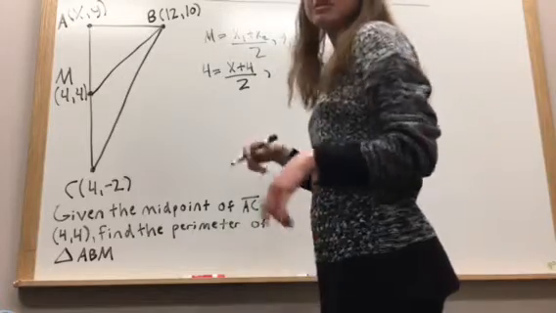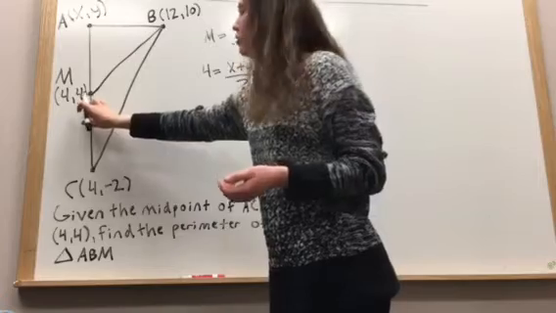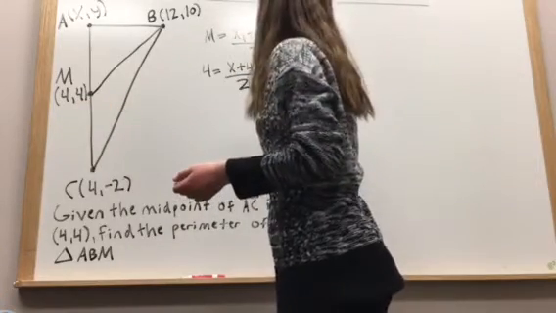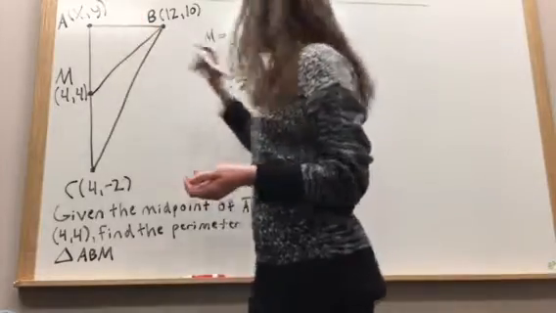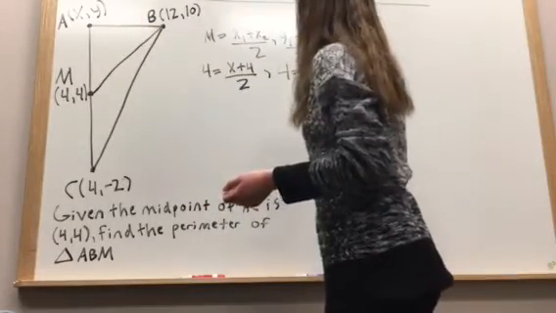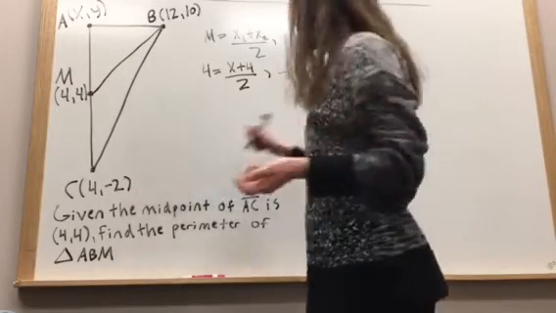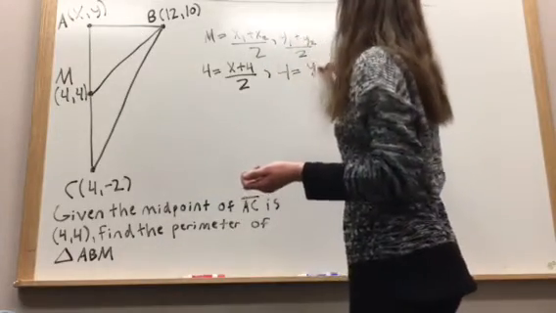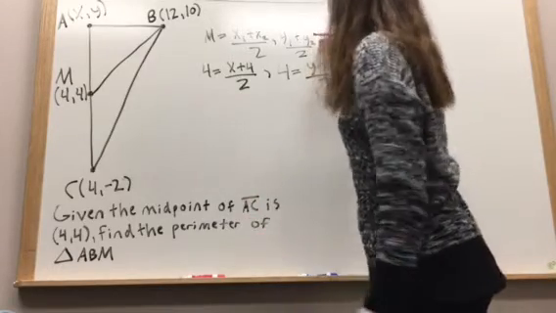For my y values, I'm going to do the same thing. I start with my midpoint value for y, which is 4 again. I set that equal to my unknown y plus my y value of the other given coordinate, negative 2 in this case. So I can just subtract, it makes no difference. All over 2, just following my formula again.